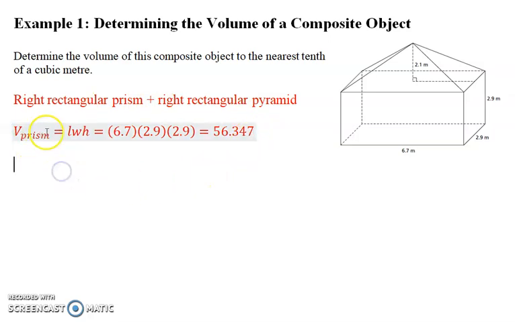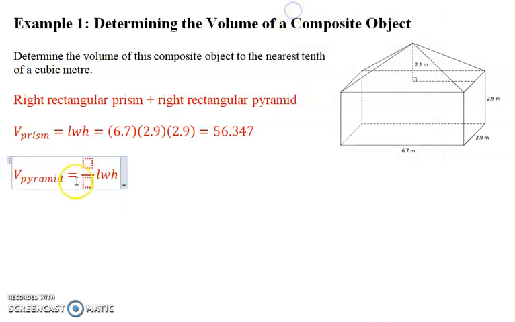Okay, and now we're going to calculate the volume of a pyramid. So now we'll do the volume of the pyramid. And we know that it's very similar. It's just going to be 1/3 of that, right? That's what we learned the other day. So you just go to your formula sheet if you don't remember that.